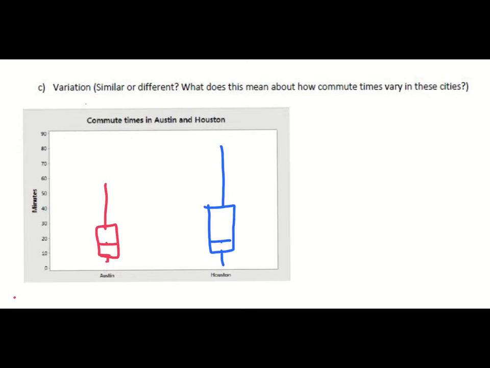Okay, so C says, variation. Is it similar or different? What does this mean about how the commute times vary in these cities? So on this one, there's more variation in the Houston communities, some with higher commute times that are given. So this one's spread out more.